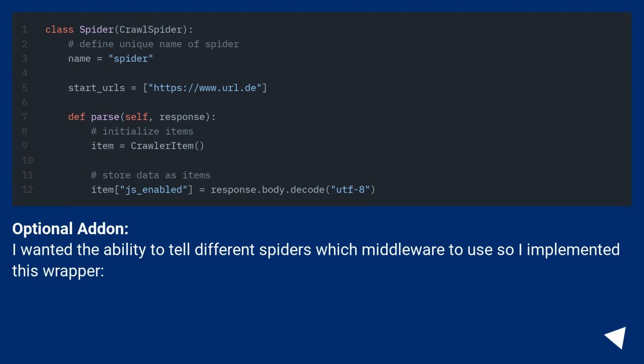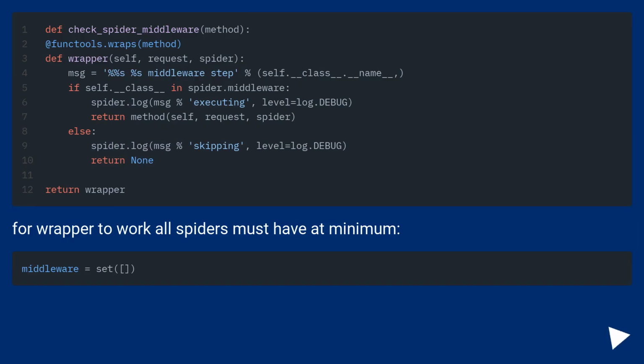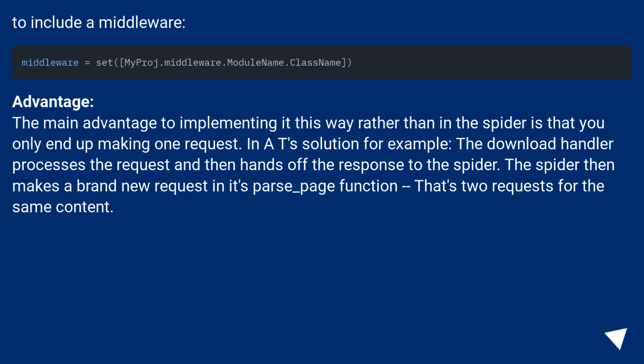Optional add-on. I wanted the ability to tell different spiders which middleware to use, so I implemented this wrapper. For the wrapper to work, all spiders must have at minimum a middleware included.